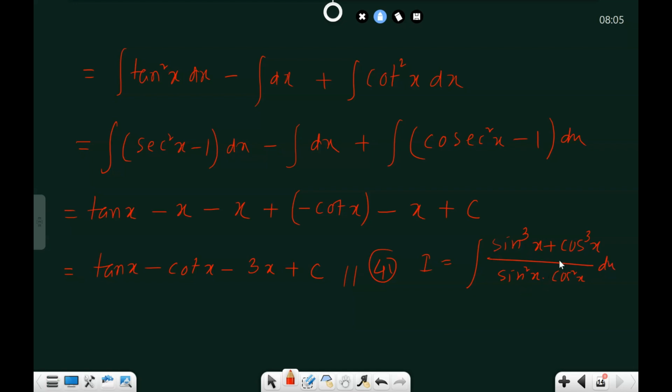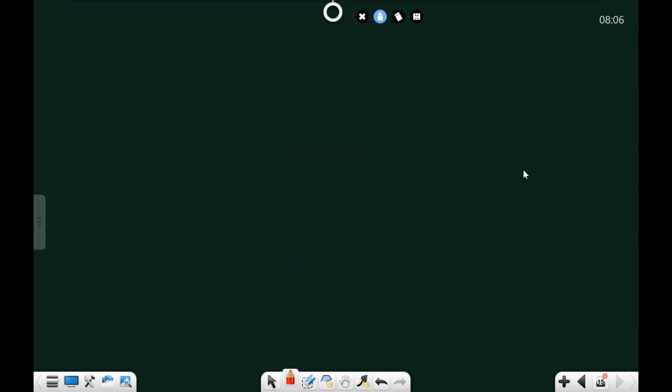Okay, so after this you come to the next one, problem number 46. So this is I equal to integration of 1 by sin²x cos²x dx.